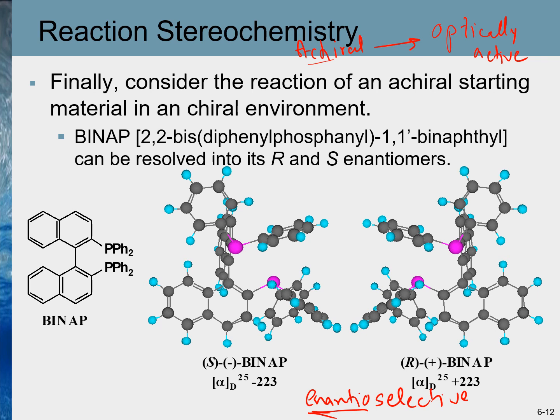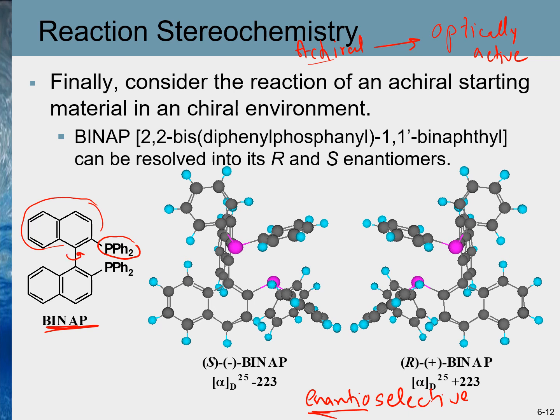One of the catalysts which is used for this technique is called BINAP, which stands for 2,2'-bis(diphenylphosphino)-1,1'-binaphthyl, and the structure of this catalyst is shown here. Now, because of bulky diphenylphosphine groups and these naphthyl rings, the rotation around this single bond is prohibited.